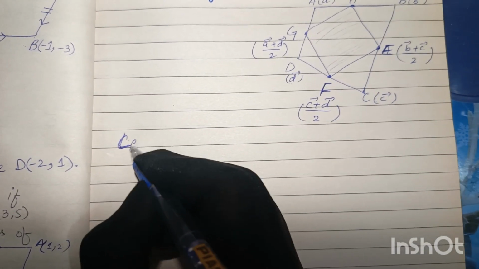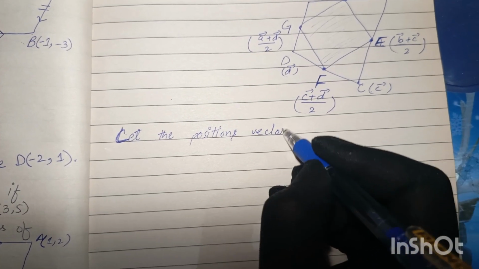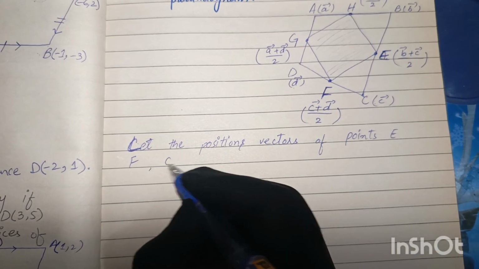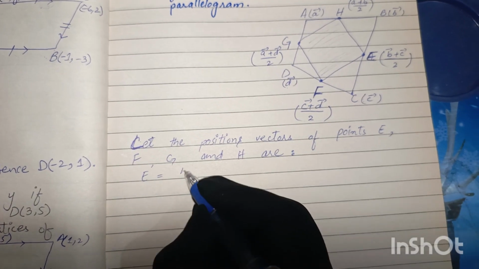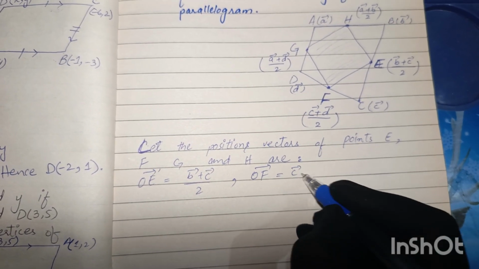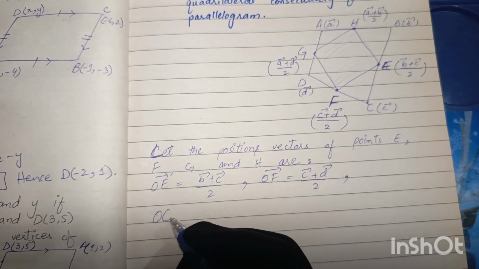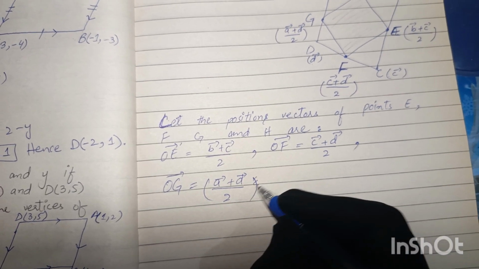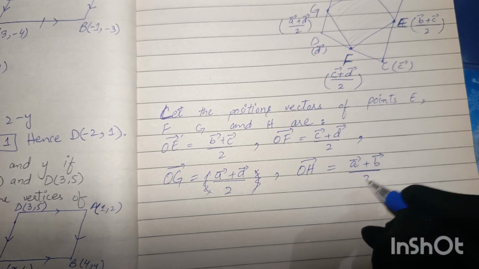Let the position vectors of points E, F, G, and H be (B plus C) divided by 2, (C plus D) divided by 2, and for G, (A plus D) divided by 2, and for H, (A plus B) divided by 2.